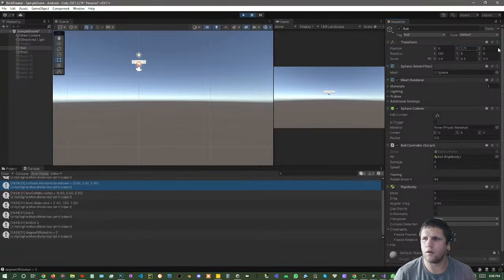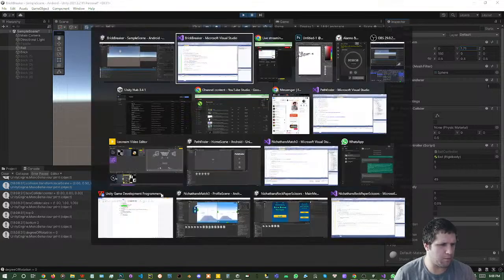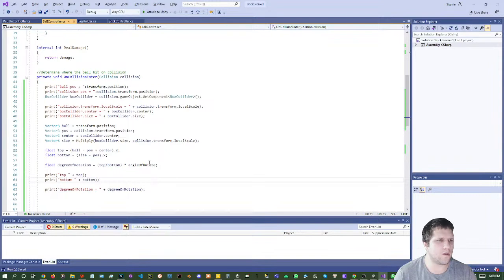Okay, move the ball up. Top is 0. The bottom is 2. Now why would the top be 0? Ball minus position.